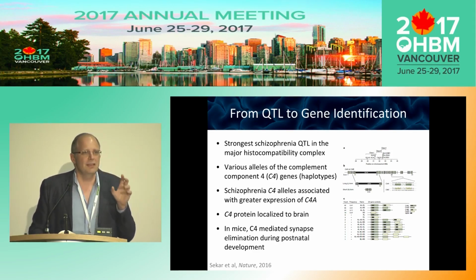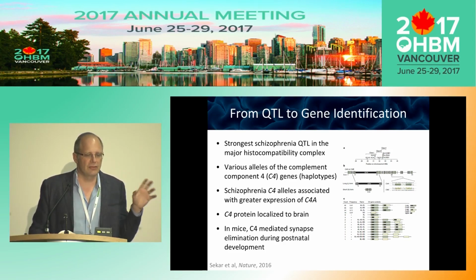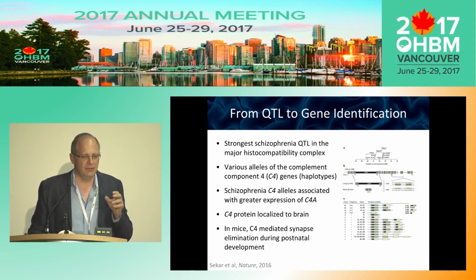And the nice thing was that they could then put that into a mouse model, and they showed that alteration of C4 mediates synaptic elimination during postnatal development. So it influences pruning, and there's been a pruning hypothesis of schizophrenia for decades.